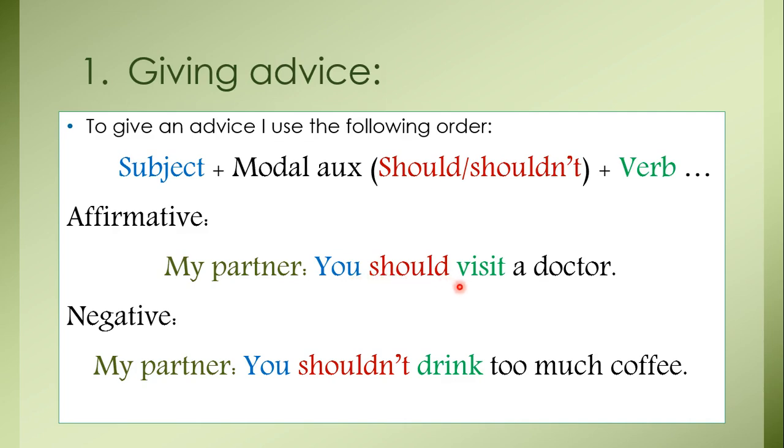I said I have a headache, what should I do? My partner responded, you should visit a doctor. It's better for you, or I'm advising you to visit a doctor.